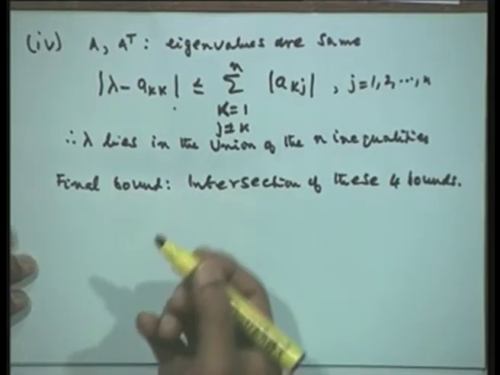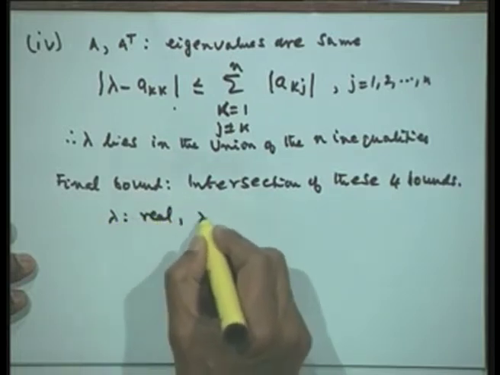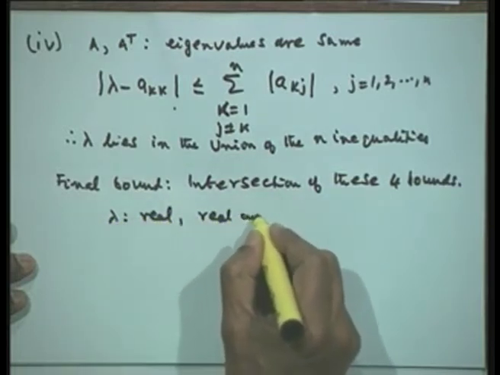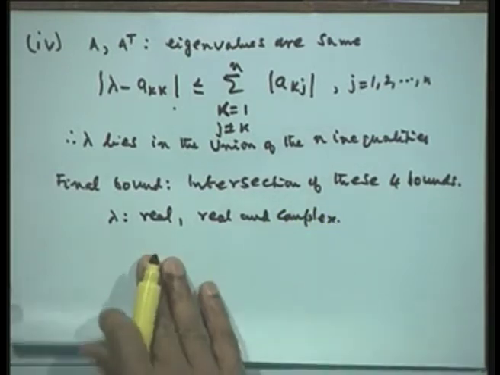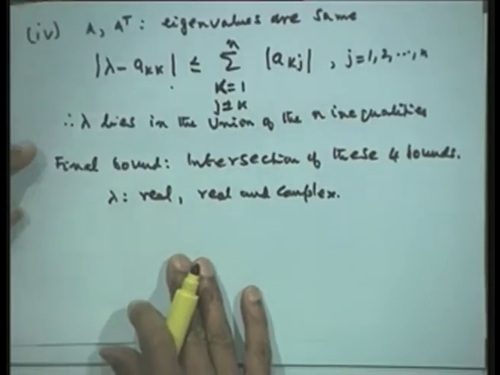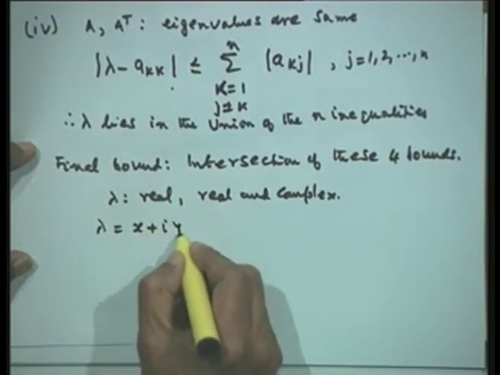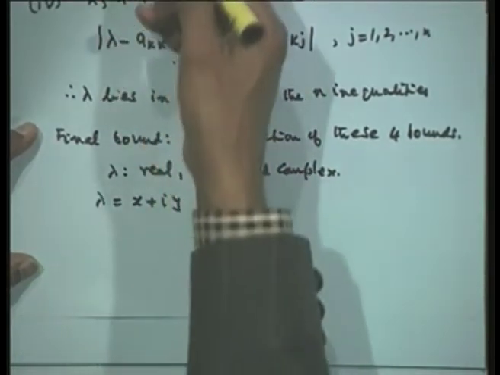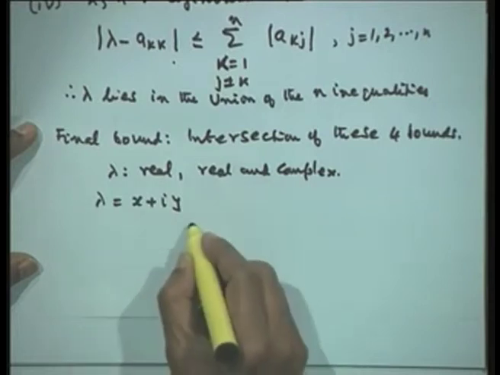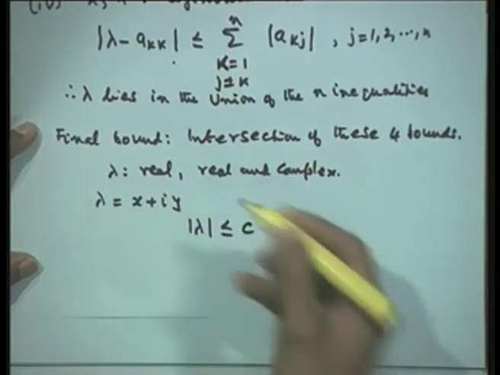This would give us quite a good estimate, but we know that the eigenvalues lambda are real or real and complex. Now, if they are complex, let us take lambda is equal to x plus iy. Then the first 2 bounds are stating that magnitude of lambda is less than or equal to some constant c.